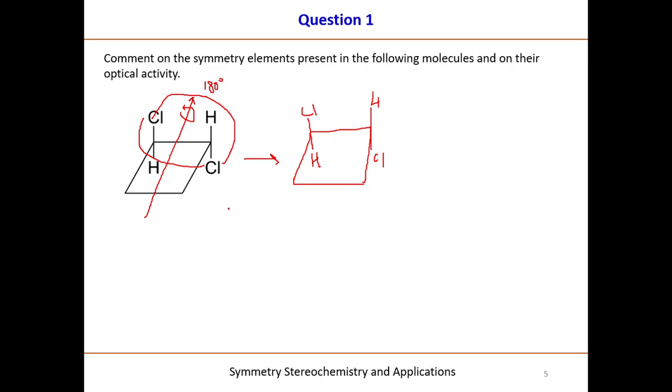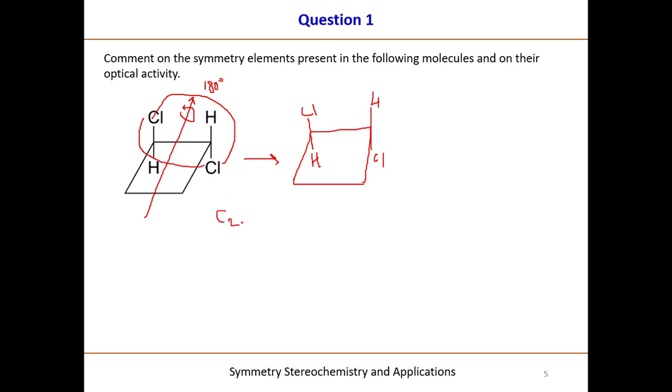So we can say that the rotational axis of symmetry is present here, because the C2 axis is present.